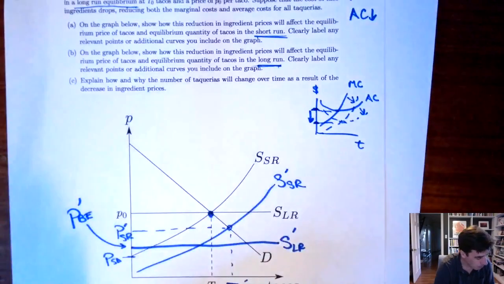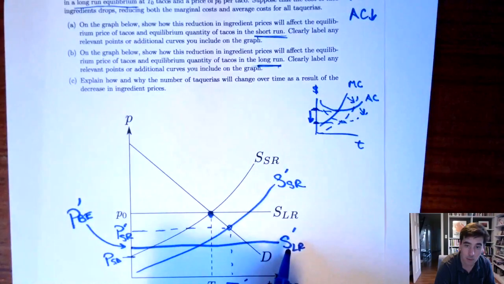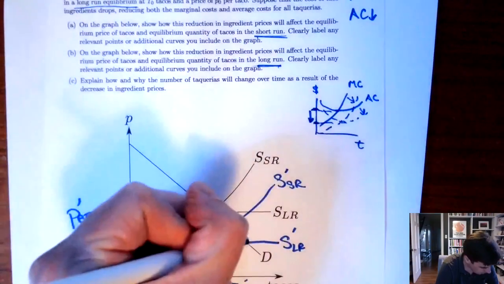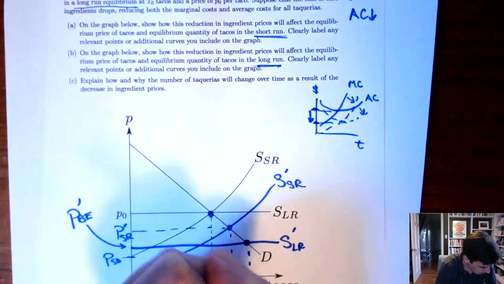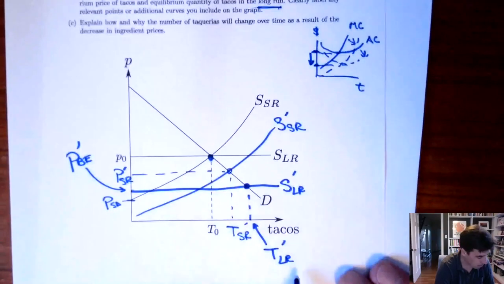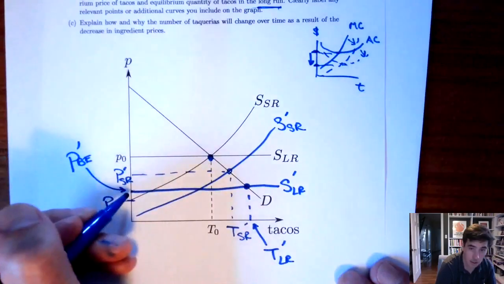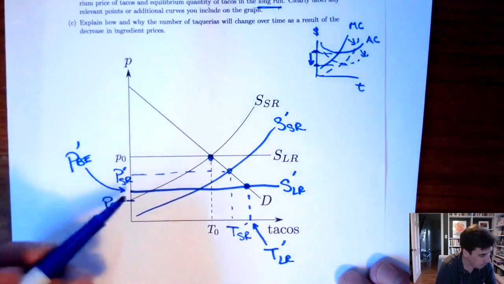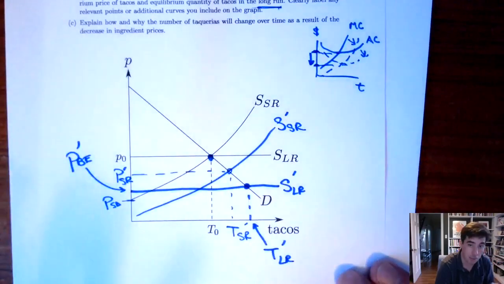Okay, so we're looking for the long-run equilibrium. Long run is just where long-run supply intersects demand. So we're going to find that intersection. I'm going to label that as my new long-run equilibrium, so I'm going to call it T prime long run. We want to be really careful and clear with these labels. And so over here, this is going to be my long-run equilibrium price. I've actually already labeled that as the break-even price, but the question is asking for equilibrium price, right?